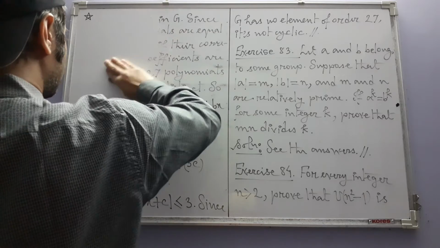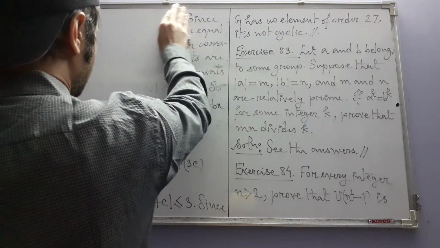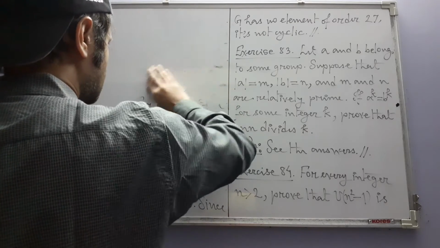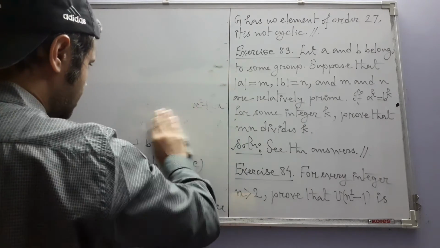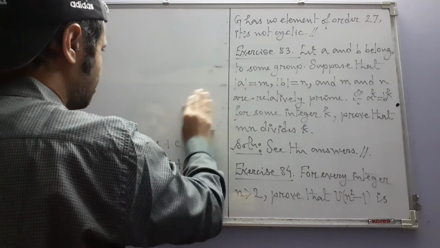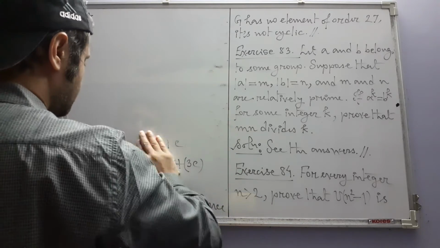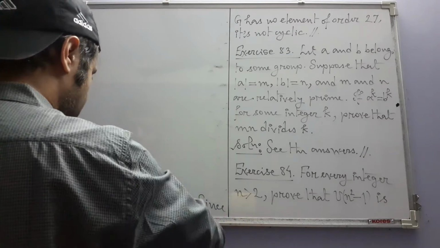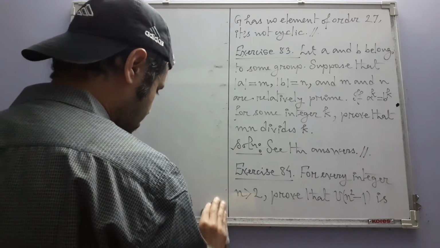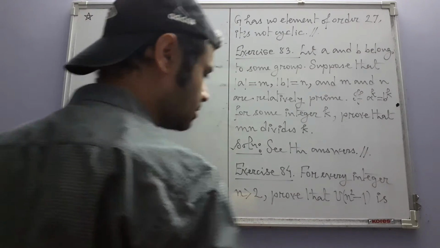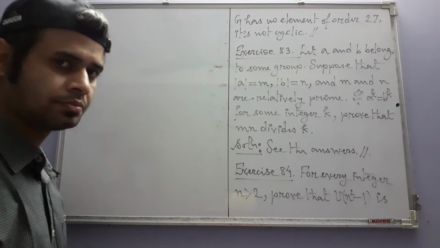Recall what the group U(n square minus 1) means, what it was. It consists of those positive integers that are less than n square minus 1 and relatively prime to it, and the operation is multiplication modulo n square minus 1.